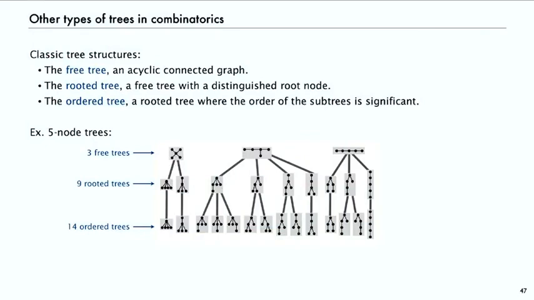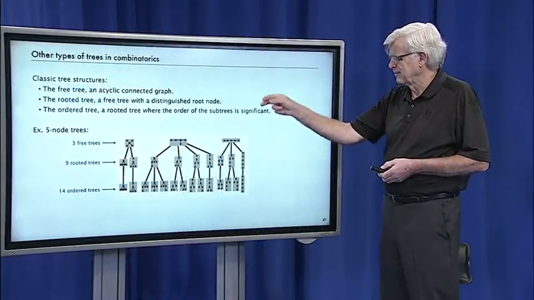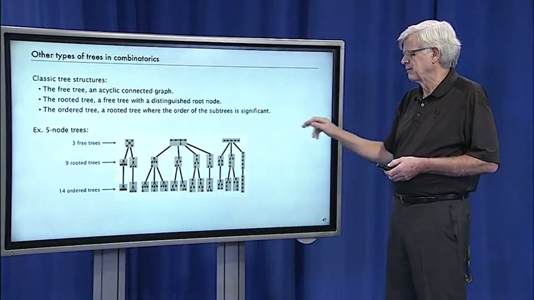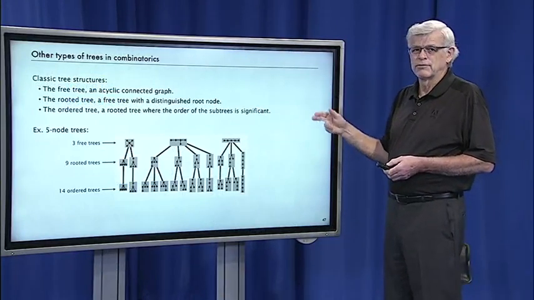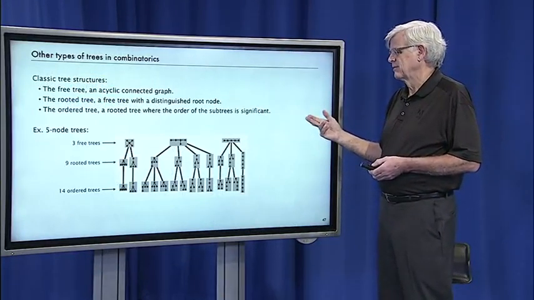There's only 3 different free trees of 5 nodes. Again, these trees are defined just in terms of their connections. There's no root and there's no order. So either 4 other nodes are connected to 1, or there's 1 node that 3 are connected to and another one hanging off, or they come in a line. That's the only 3 free trees of 5 nodes.